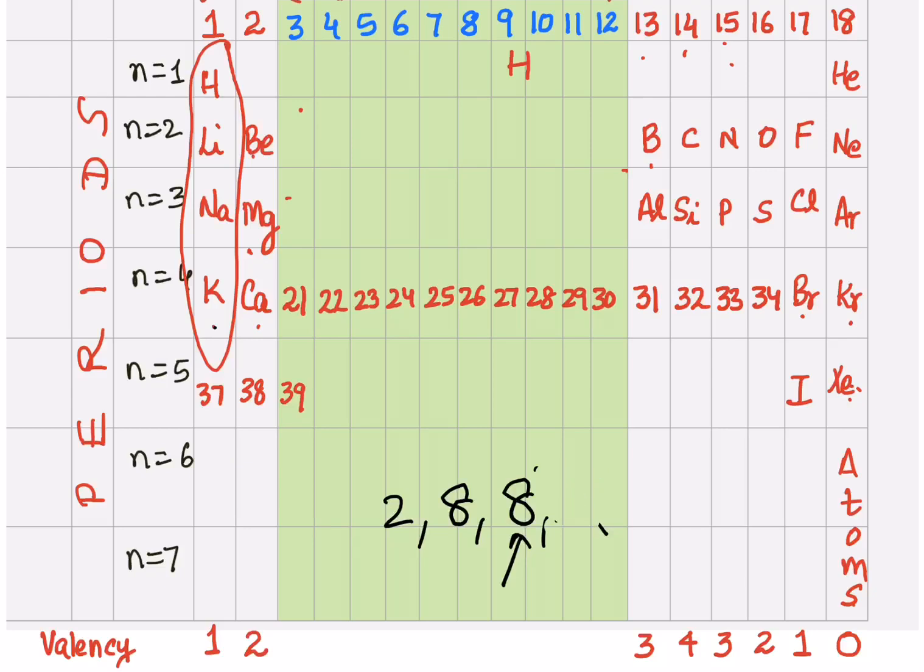Now, let's say we talk about the electronic configuration of nitrogen. The electronic configuration of nitrogen is 2 and 5. If I tell nitrogen you lose these 5 electrons, it will have only 2. You think somebody will part away with 5 electrons so easily?